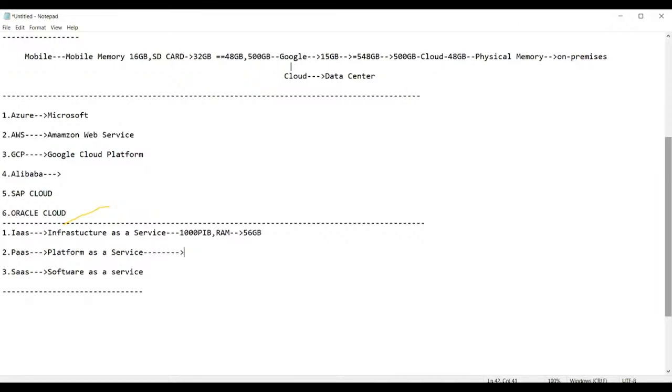So these are various operating systems used by various mobiles. In the same way, if you have a computer, what is the operating system we use in a PC, guys?